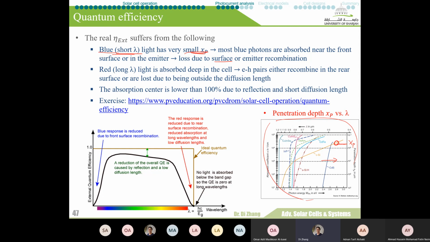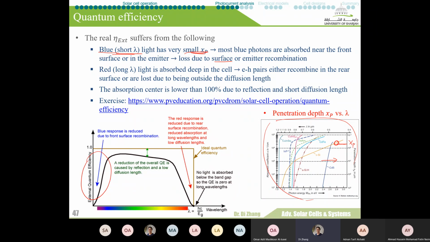So the blue portion that is absorbed near the front surface will very quickly be recombined, and this will cause a reduction of the external quantum efficiency. So ideally we are hoping for a rectangular shape, but most of the time the external quantum efficiency will start very low because you have very high losses from the short wavelength photons.